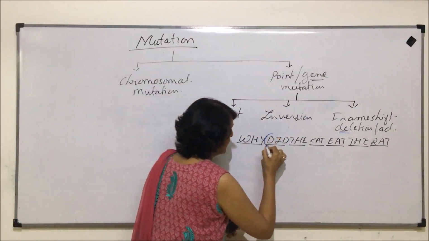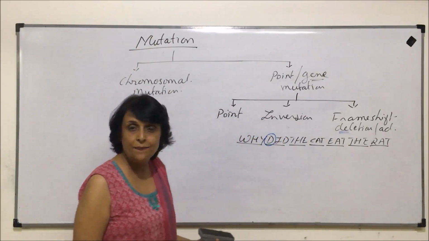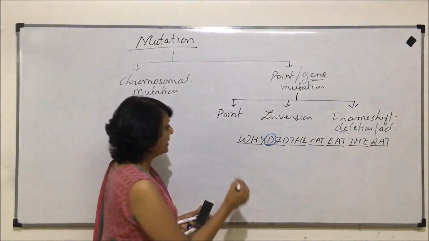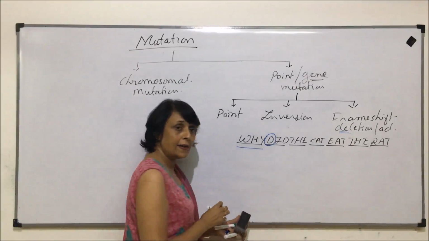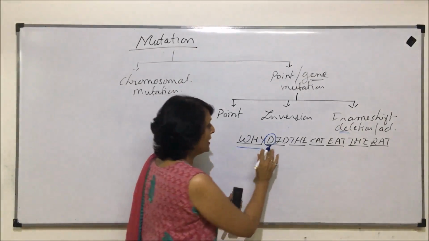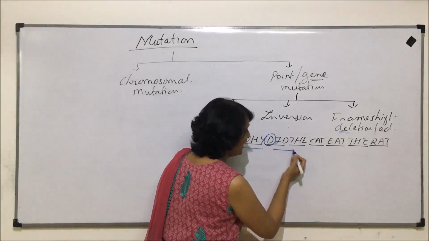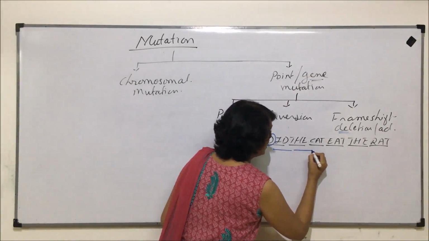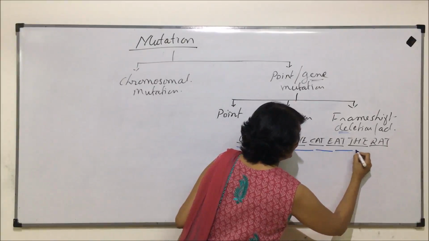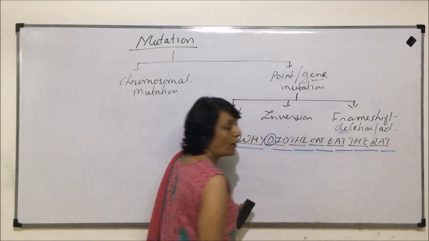Say this D gets deleted. Now when we have to read the code, it is going to read as WHY, and again we have to read it as a triplet. So the next 3 are going to be IDT, then HEC, then ATE, again ATT, HER, and so on.